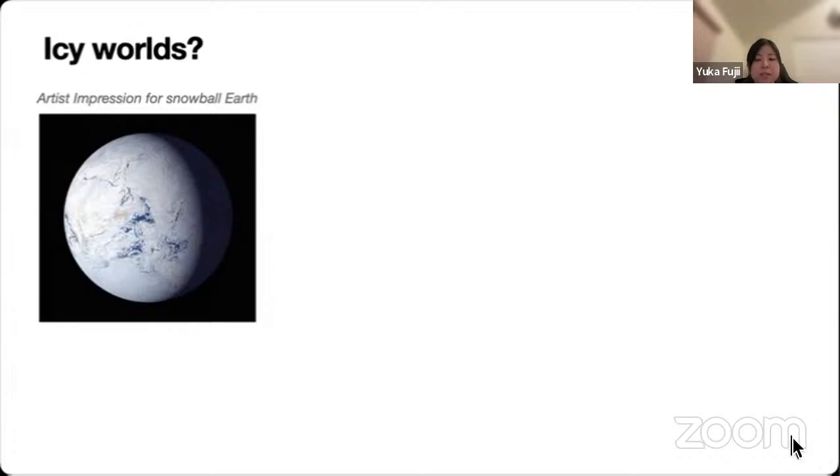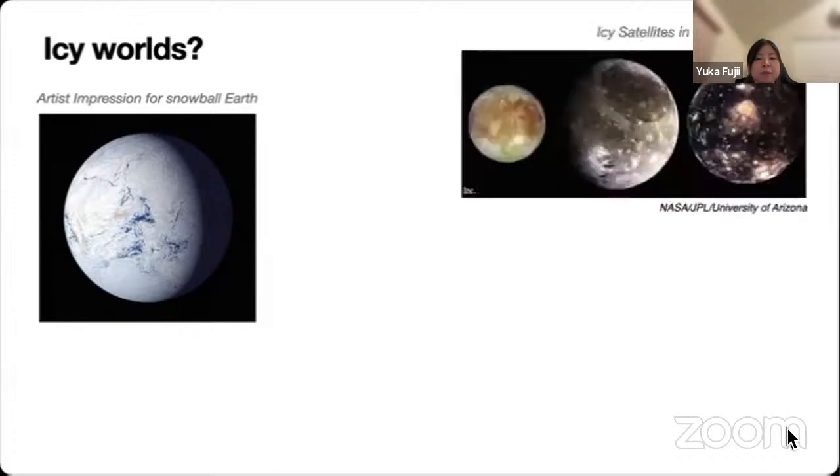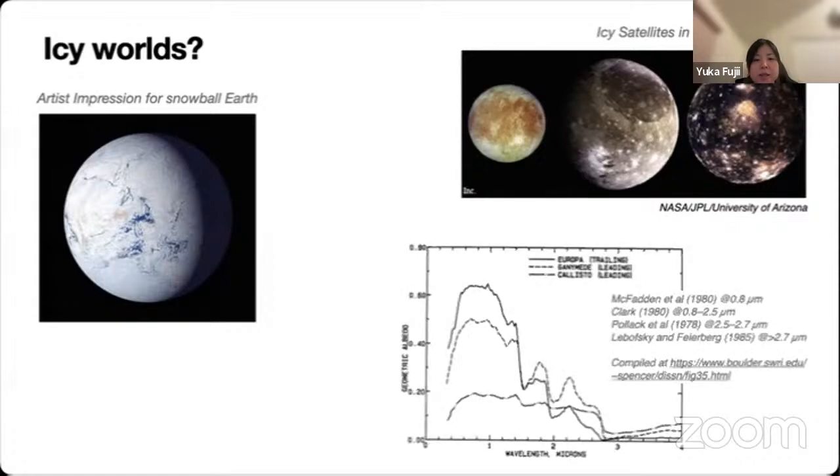In this case, an interesting case could be made by icy Galilean moons. Their surfaces are mainly composed of ice, and their near-infrared reflectance spectra show prominent features of water ice, and therefore could be relatively easily identified.